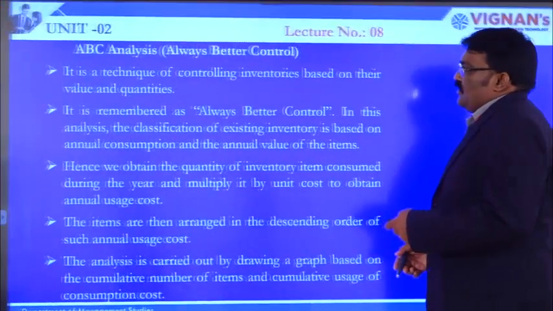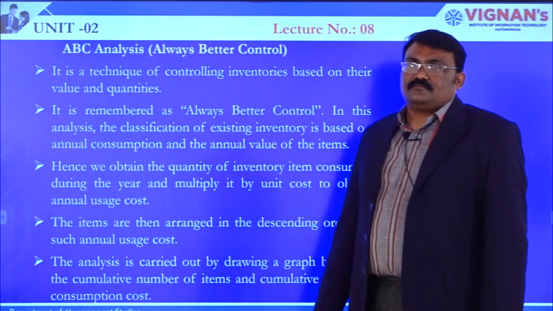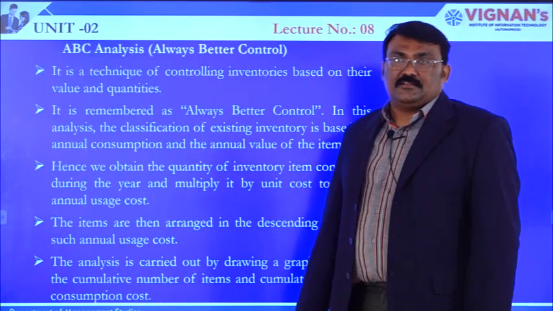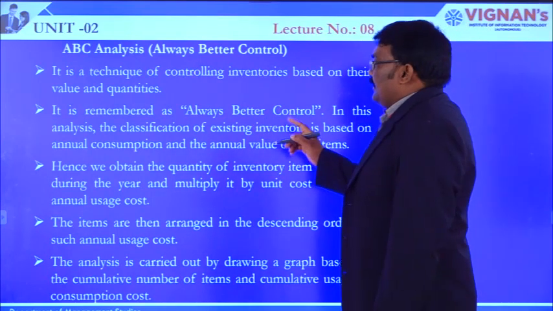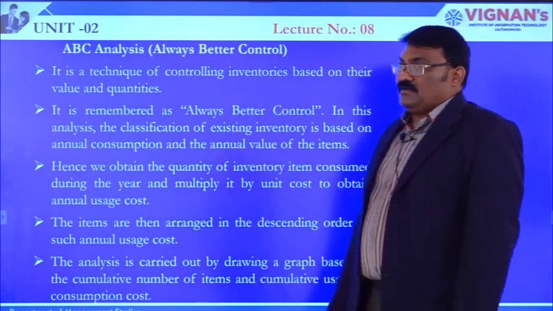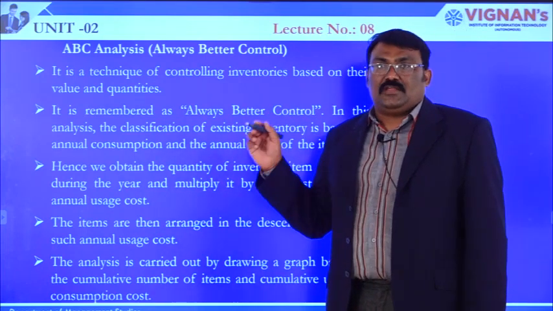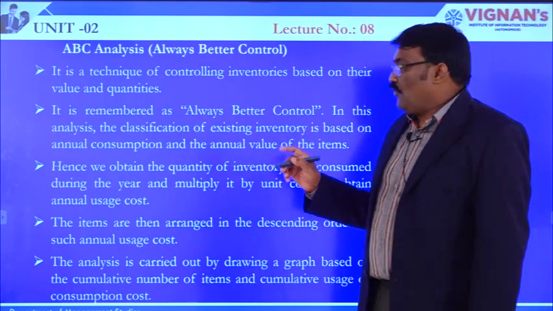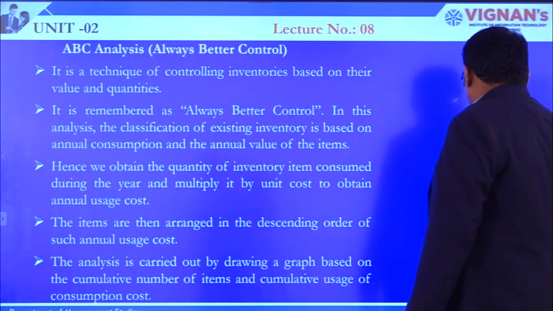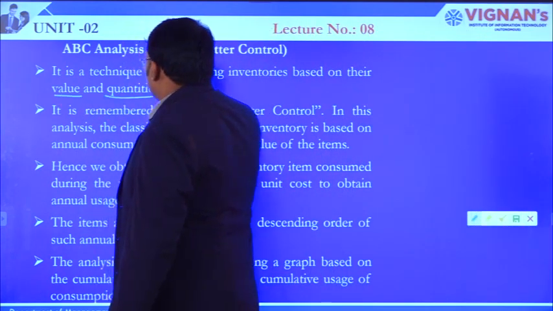Okay. Now, coming to the next slide. The ABC analysis is a technique of controlling inventories based on their value and quantity. This is the only type of inventory management technique which takes into consideration both the value and quantity.